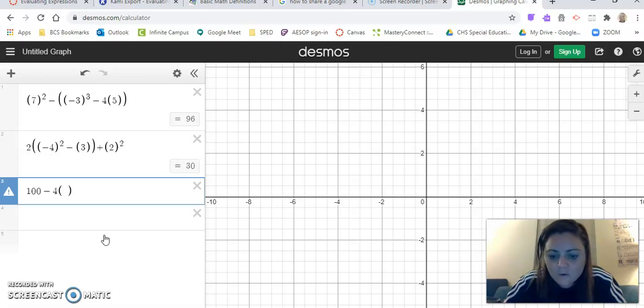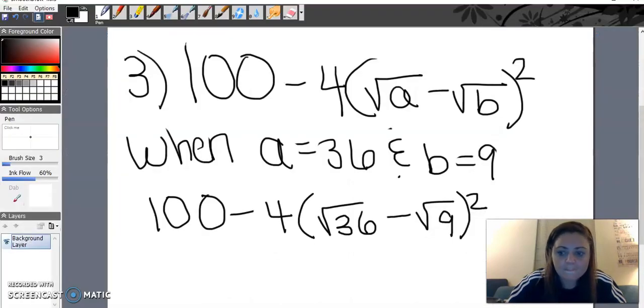Okay, so I'm not seeing the square root on my keyboard. So you might run into this. Now, this is something I'm going to need to ask another teacher or someone in the building tomorrow to figure out how we get our square roots. But as of now, we are going to stop there and go back to our problem.